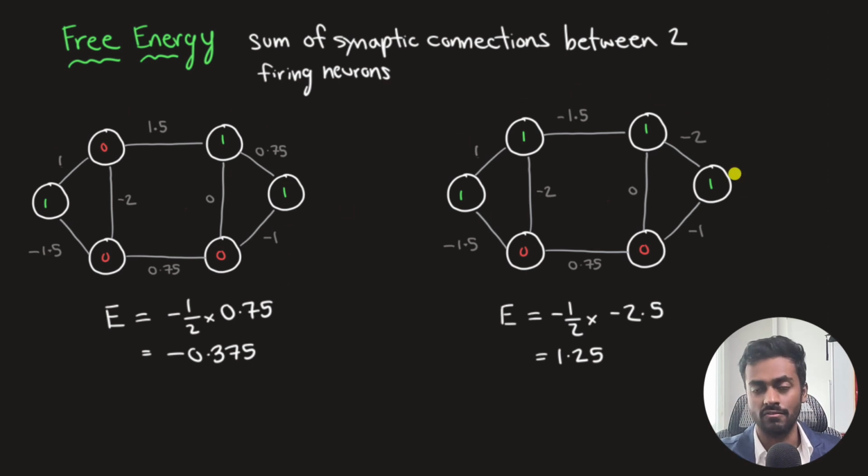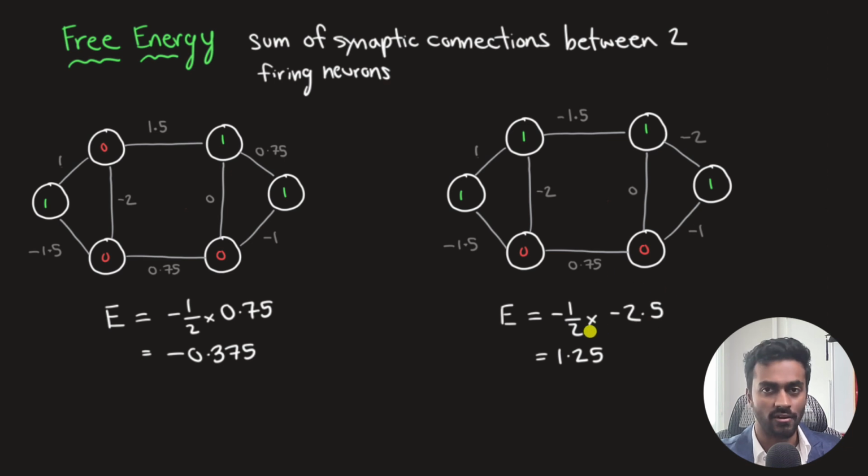In example 2 over here, in this Hopfield network, well, let's take all of the synaptic weights that correspond to 2 firing neurons. That's 1 minus 1.5 minus 2, and this is minus 2.5.